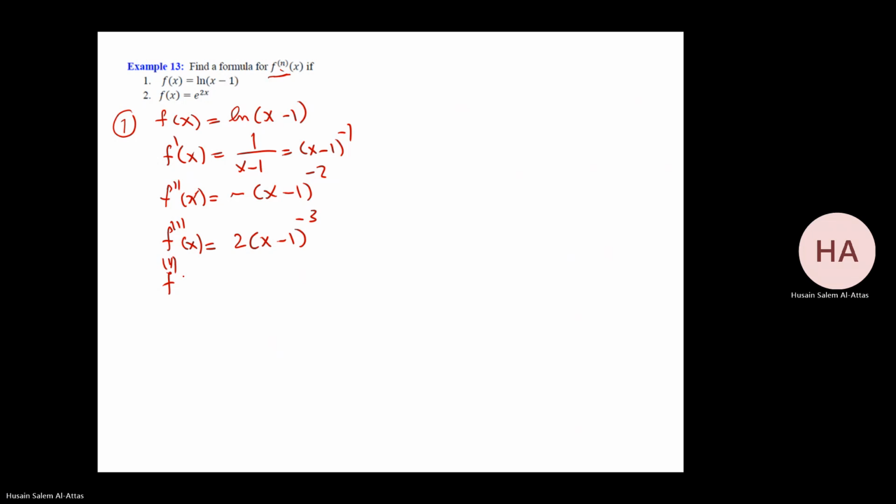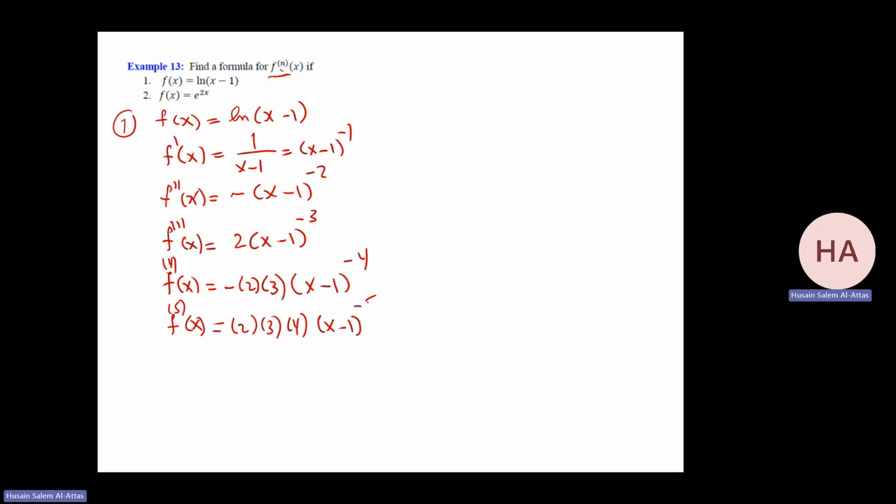Fourth, that will be minus, as I said, don't do the product, 6 times (x minus 1) to the power minus 4. Yeah, I think we can feel the derivative. If you want, you can do the fifth one, just to be sure. That will be 2, 3, 4, (x minus 1) to the power minus 5.